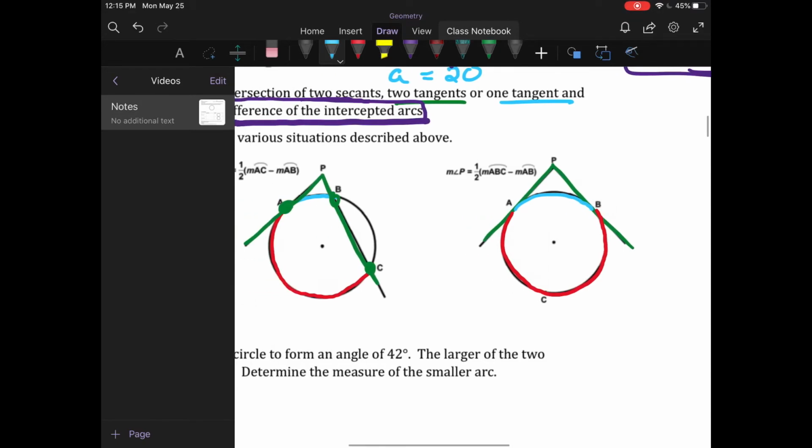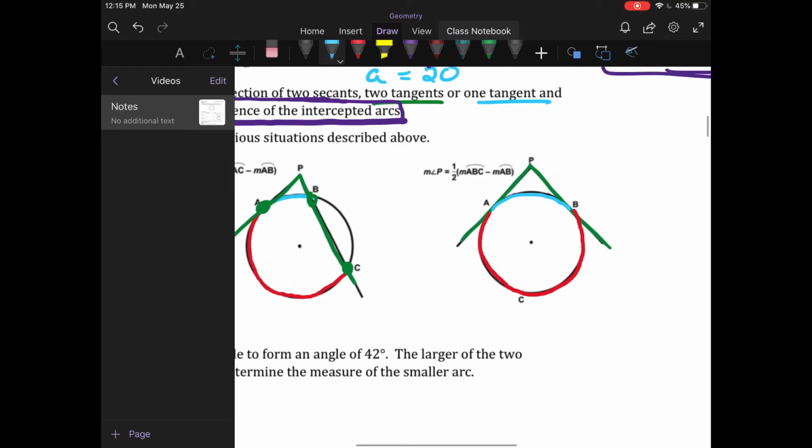And just to clarify this piece right here, there is a little typo on it. That says ABC, and ABC would be this. It should say ACB, because it starts at A and ends at B, and C is in between.